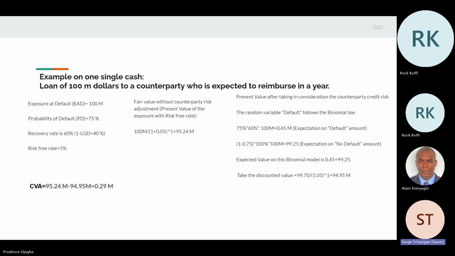Barclays now goes on the market and issues a bond in the name of Total, a 100 million loan. Now another bank or another investor goes and buys the bond.